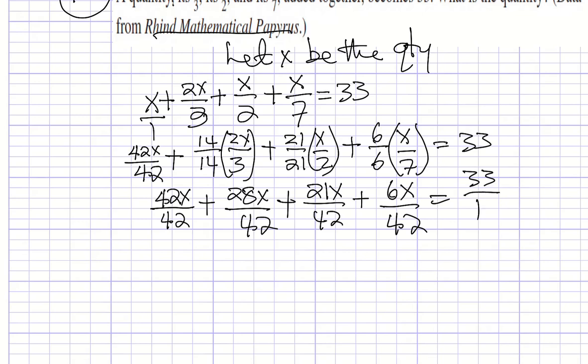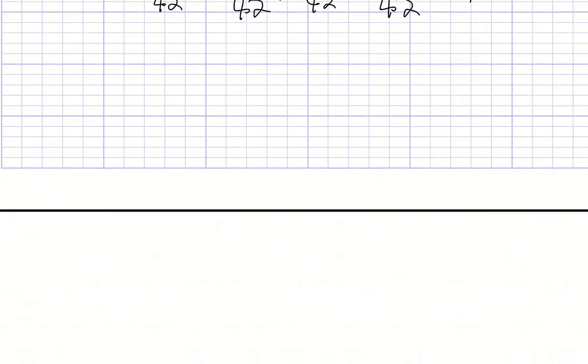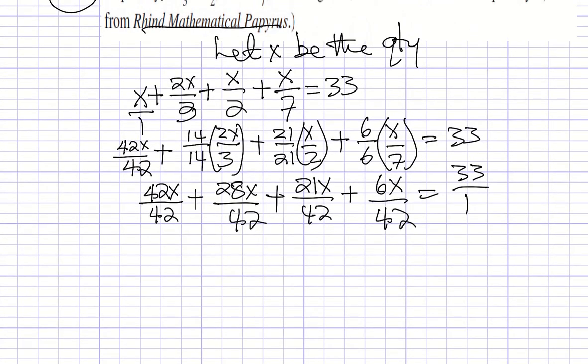So the whole thing now, I'm going to go ahead and add them as I go. Everything is going to be over 42, okay? We'll add all that stuff on top there. We'll add 42 plus 28 plus 21 plus 6.